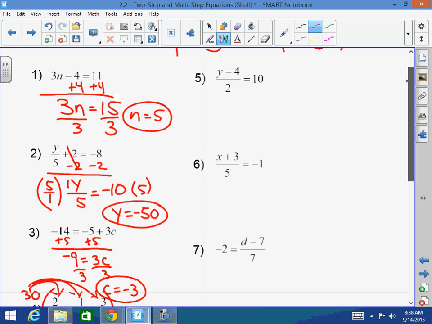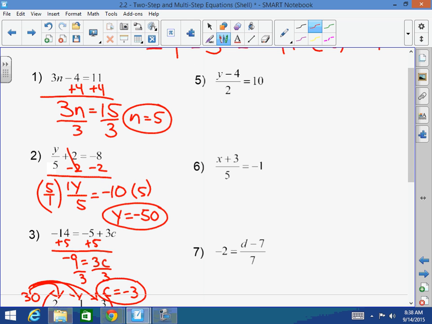Okay, another anomaly that happens here in two-step equations is when you have a setup like this. You have y minus 4 over 2 equals 10, okay? This is a little bit of a different kind of animal here. Because what happens here really, if you guys remember the distributive property tells you to multiply the outside number to everything inside of the parentheses, right?